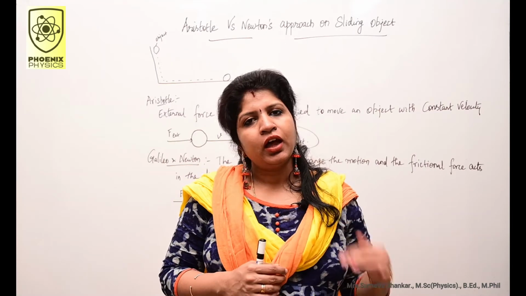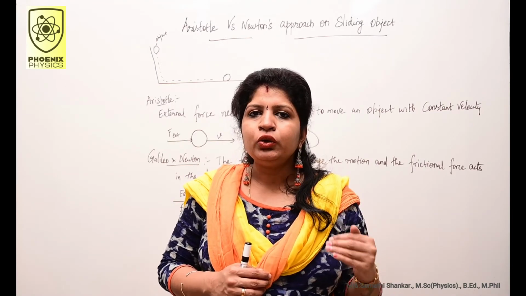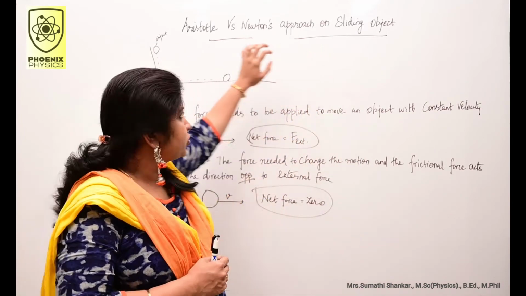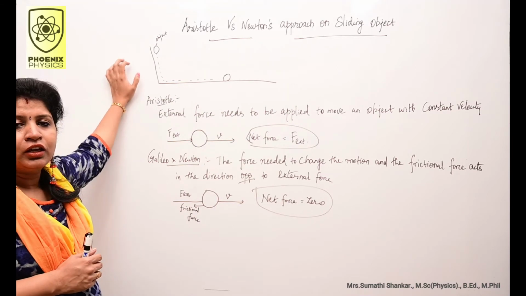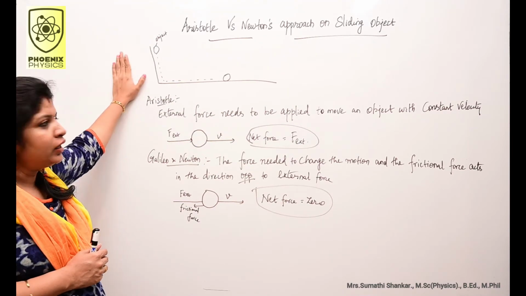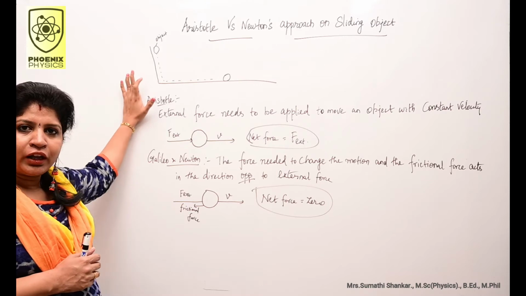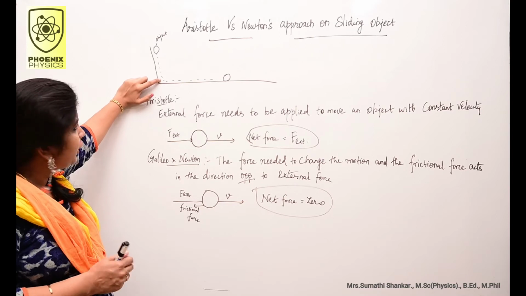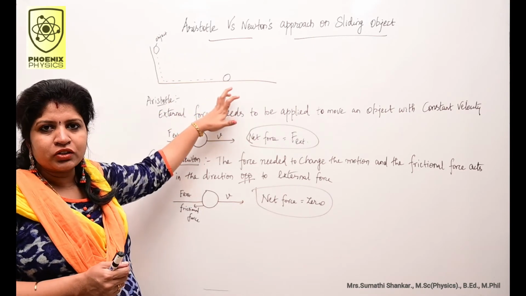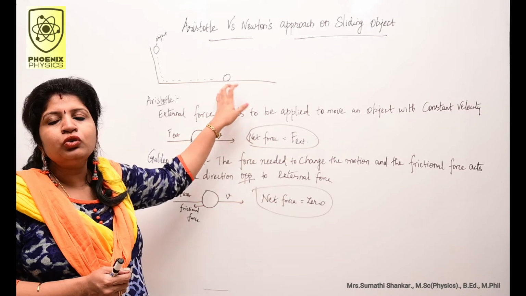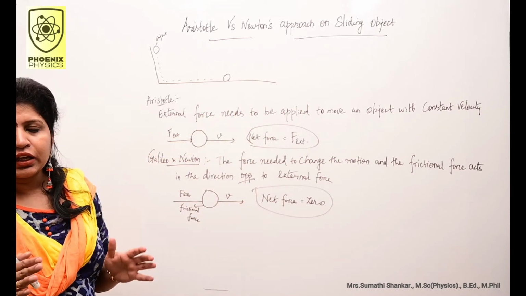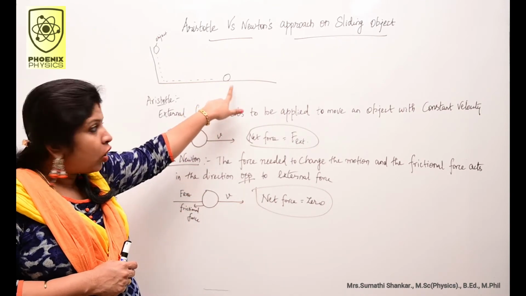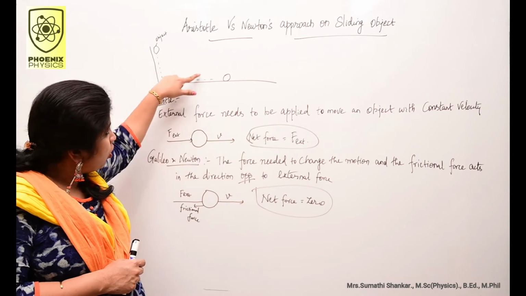Next we will discuss Aristotle versus Newton's approach on sliding object. This diagram we have already learnt in the introduction class itself. Here in the inclined plane experiment, once the object reaches the bottom, it travels a small distance and stops due to frictional force. Here the frictional force acts in the direction opposite to the object's velocity.